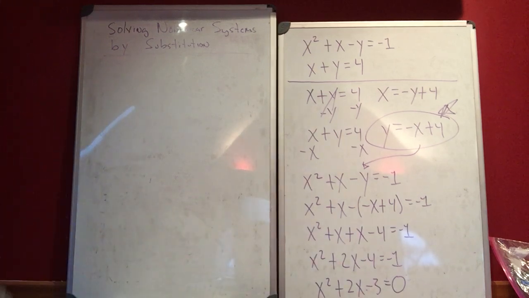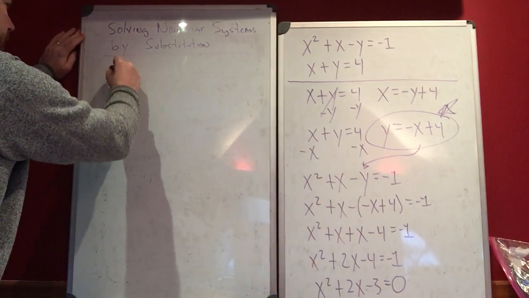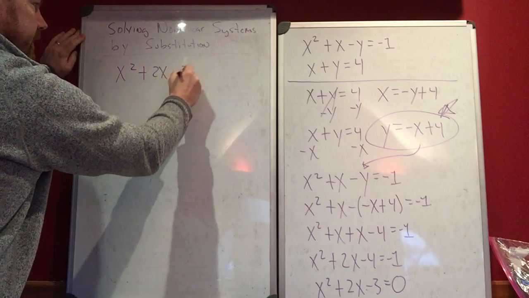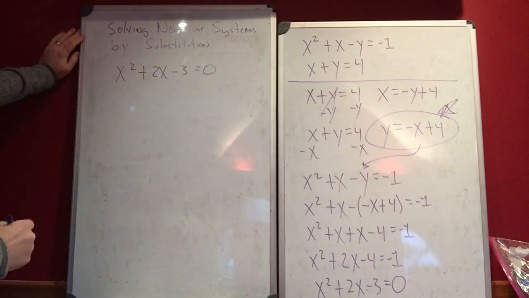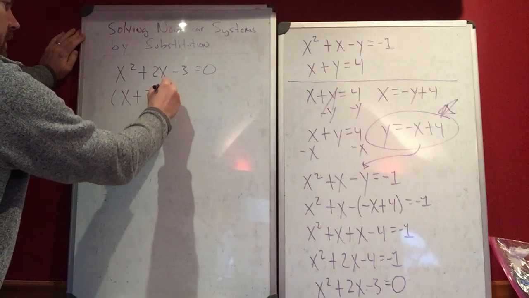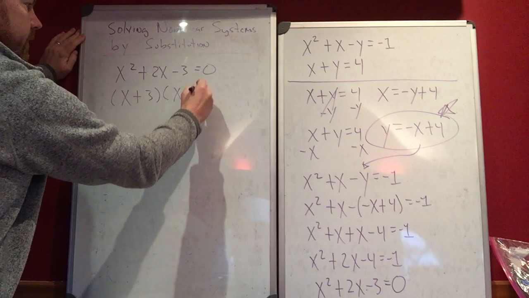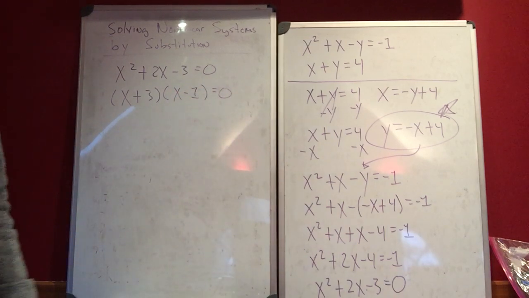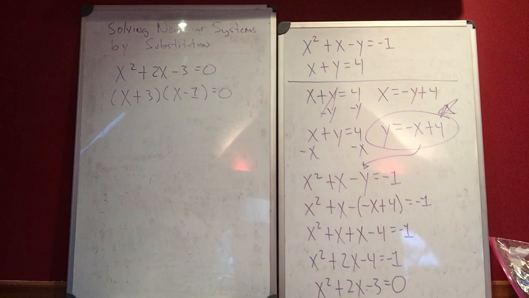So our x squared plus 2x minus 3 equals 0 can be factored into x plus 3 times x minus 1 equals 0. All right, this one we don't need to use completing the square. We don't need to use the quadratic formula. We can just factor it, okay? So that'd be the first question that you ask yourself, right?